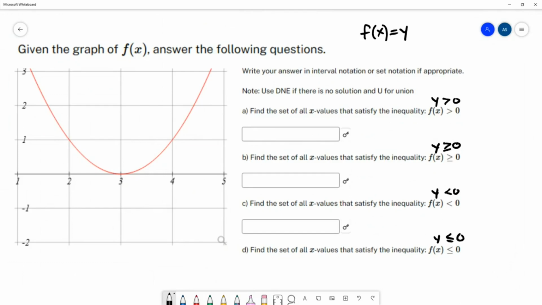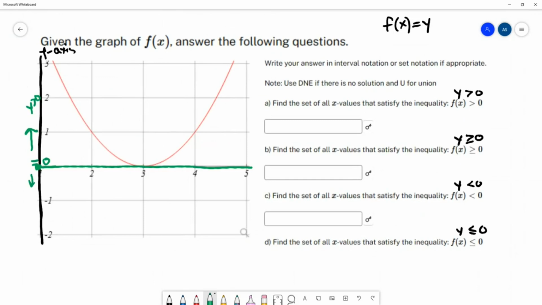So we know that the vertical scale, our y-axis, will help us with that. Our y-axis is going to start at 0, which is right here where it meets the x-axis. At this point, y is equal to 0. Everything above that, y is greater than 0.